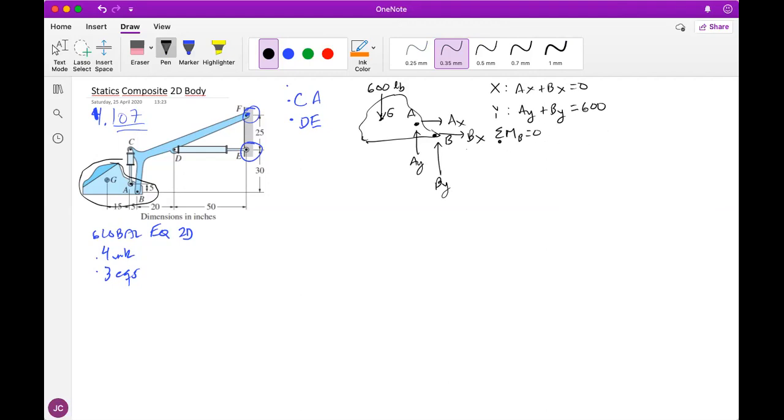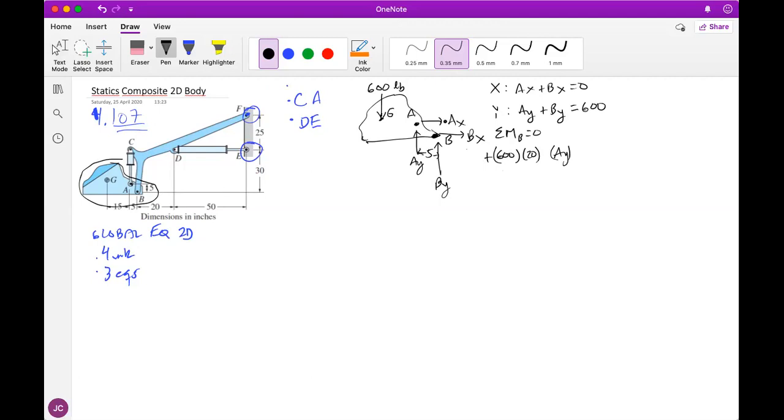Regarding this point, let's go with the 600 times. If you look at this, I have all the distances, which is 15 plus 5, it's 20. Therefore, hopefully you see that this is a plus. Now let's go with AY. AY over here times, from B to A, it appears that I will have 5.